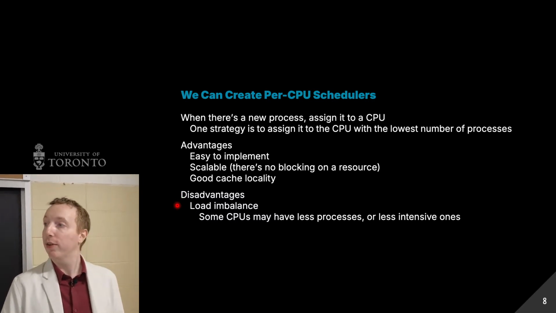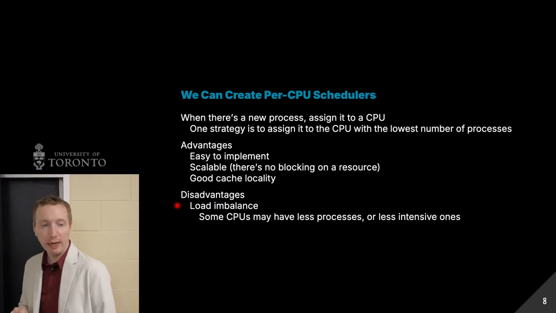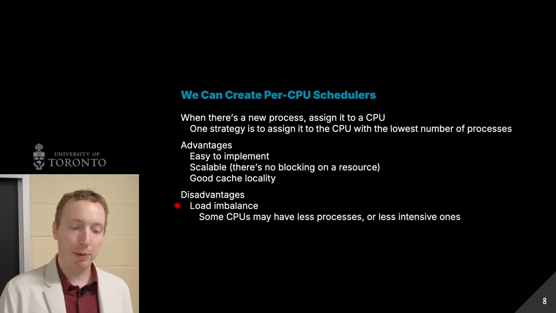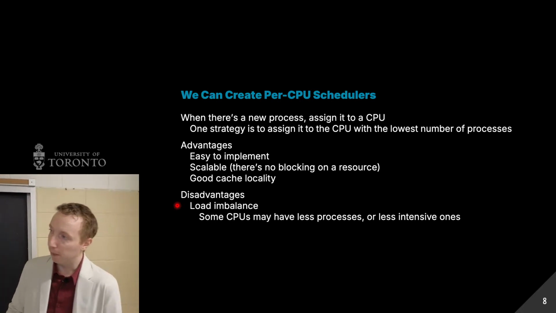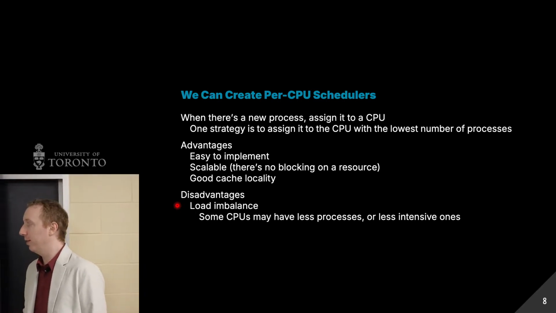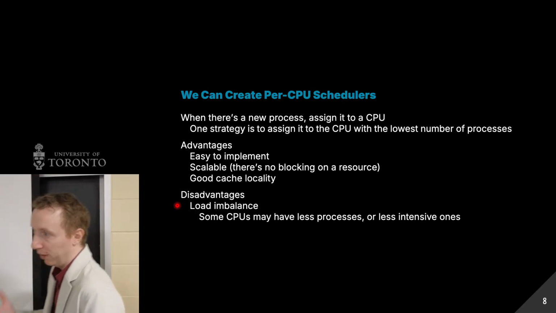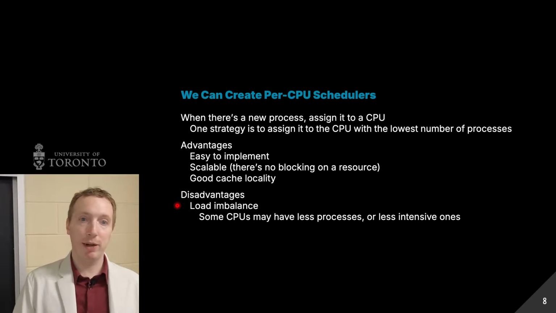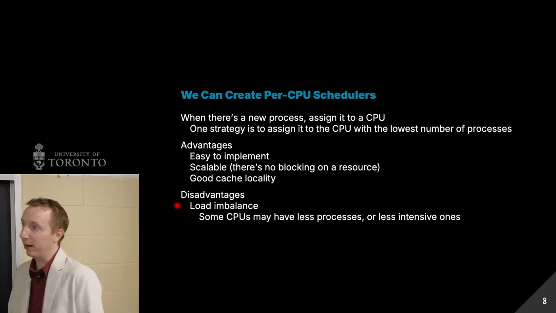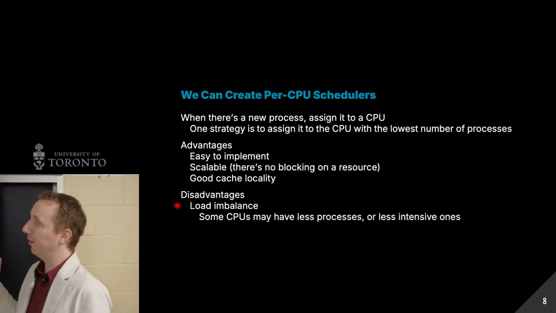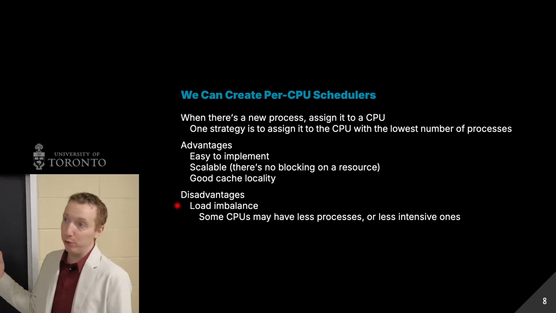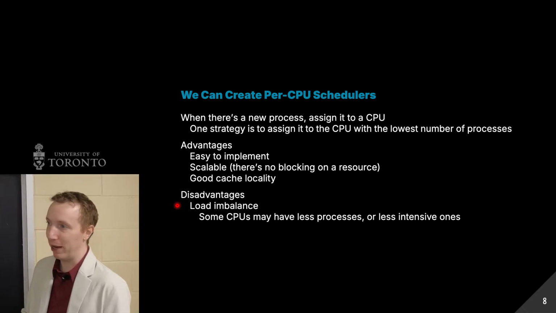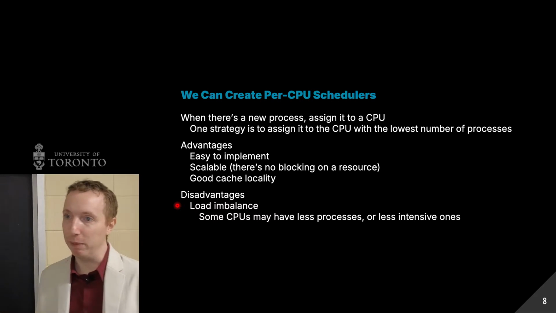But the disadvantages are there could eventually be a gigantic load imbalance. So some CPUs might over time end up having fewer processes or less intensive ones. Easy thought experiment: if I only have 2 cores, and let's say 4 new processes come in, 2 run for a very long time, and another 2 last for like a millisecond.